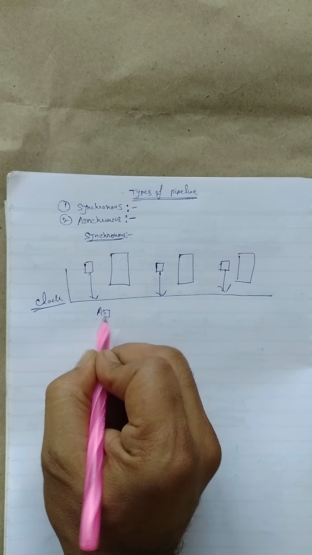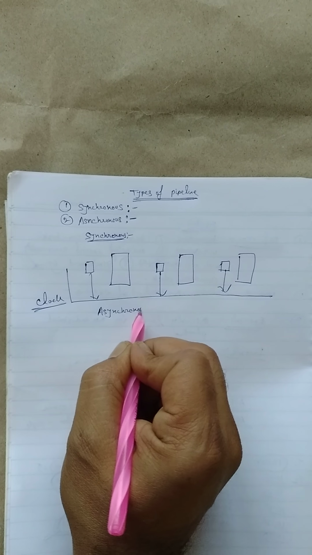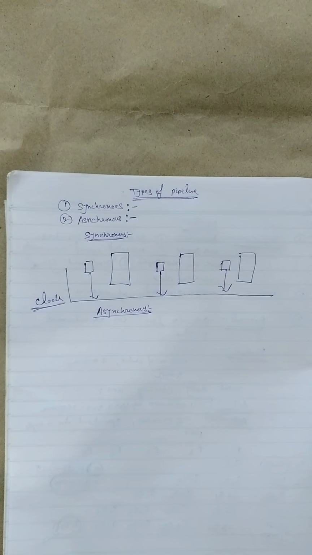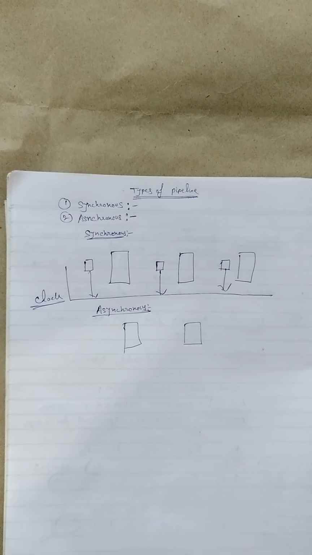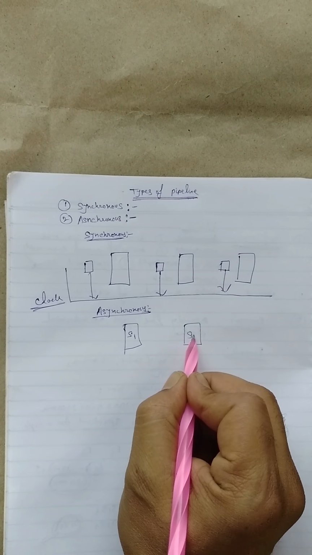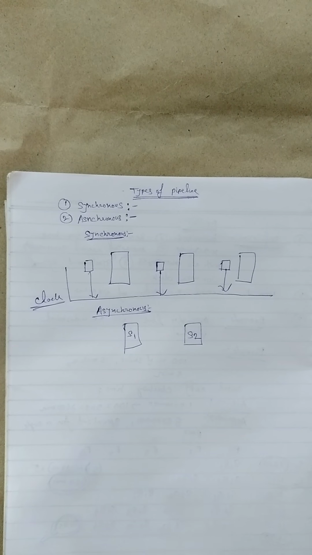Next one is asynchronous. In case of asynchronous, there is no concept of clock. So the question arises, how do the stages transfer the data among themselves? This is stage 1, stage 2. In case of the asynchronous model, it follows the handshaking mechanism. Suppose stage 1 wants to transfer some data to stage 2.